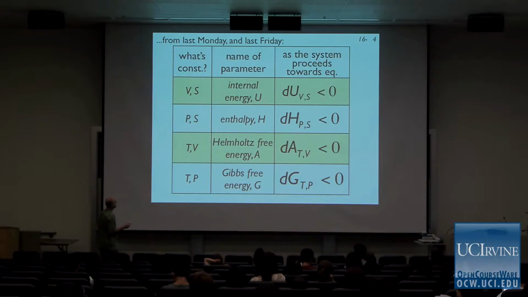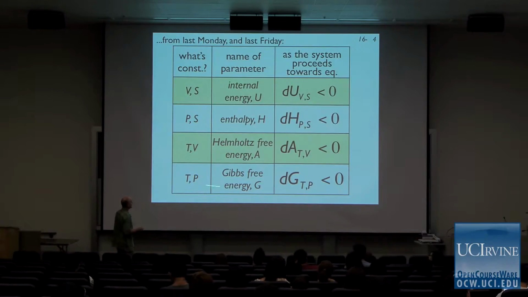All right, and what we concluded is that, we can derive all of these things for these constraints, but this guy right here and this guy right here aren't super useful to us, because in the laboratory we can't control the entropy.